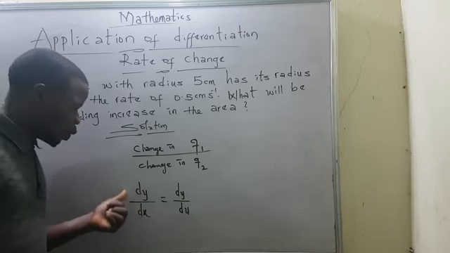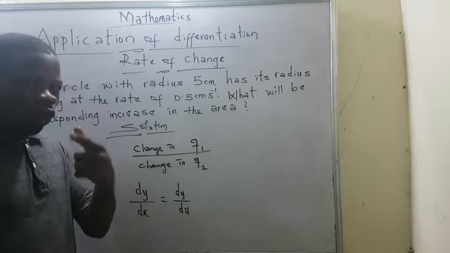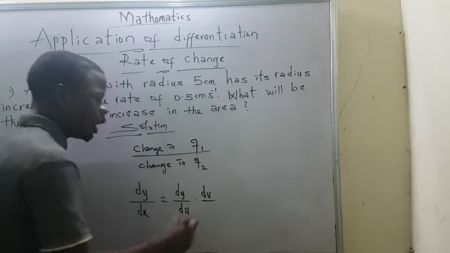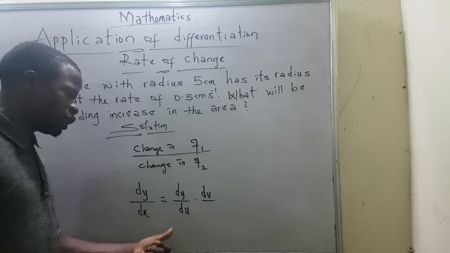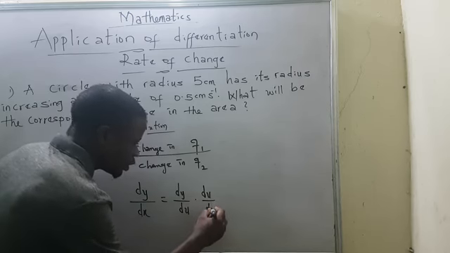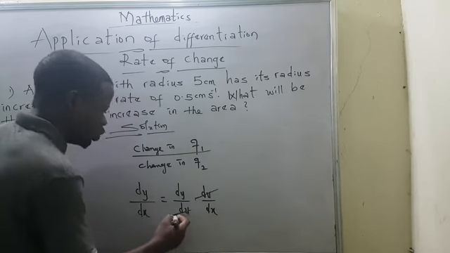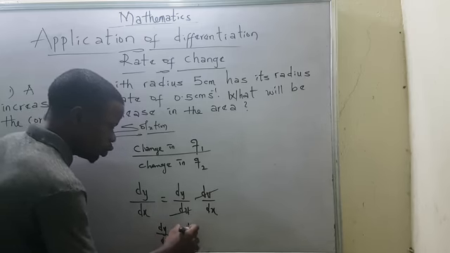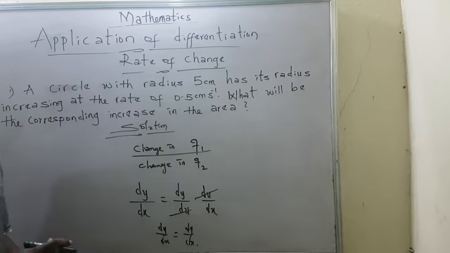For dy/dx, I'm writing out dy first with respect to another quantity, which is u, times du, differentiating u with respect to x. Are you getting that? If you cancel out the du, you are still having dy/dx equal to dy/dx.